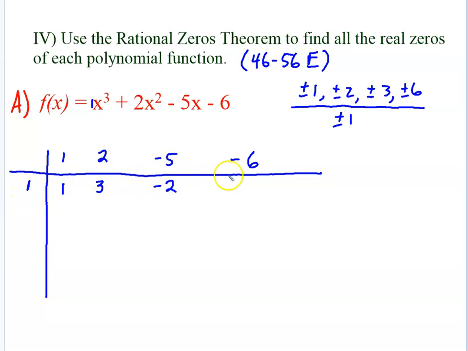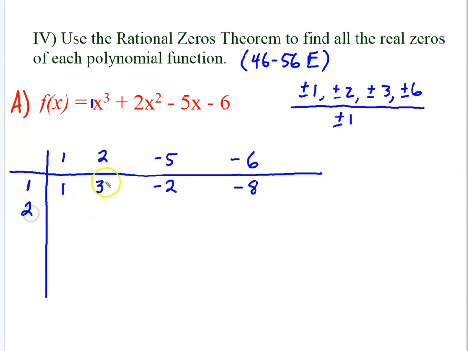Negative 2 times 1 is negative 2, plus negative 6 is negative 8. Well, the goal of this test is to get a zero remainder. Remember, we talked earlier how if I get a zero remainder, that tells me that, in this case, x minus 1 would have been a factor. Well, I didn't get a zero remainder, so 1 can't be one of the roots. All right, so I'm going to keep looking.